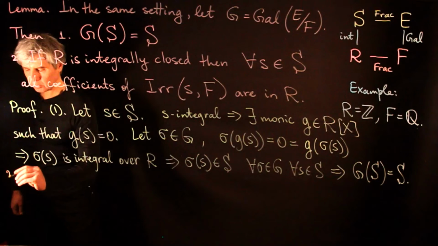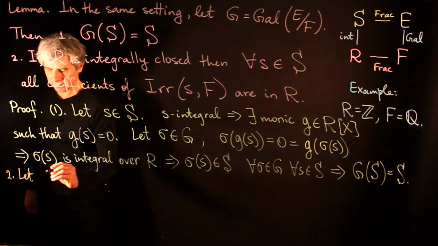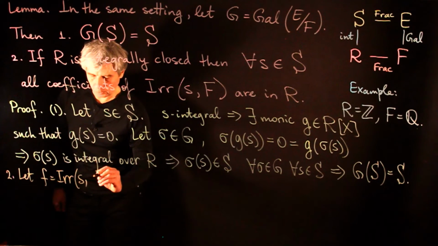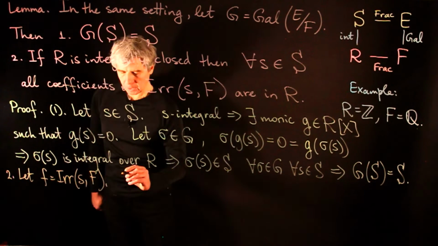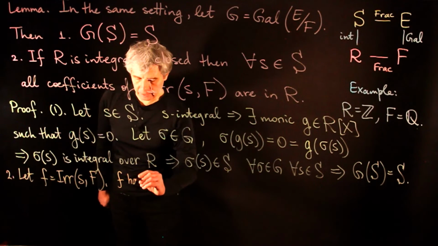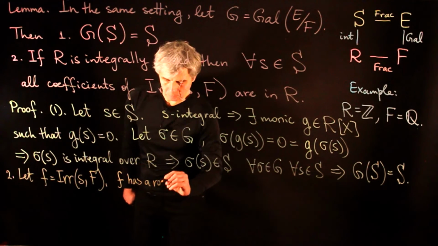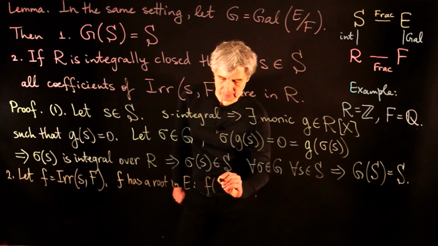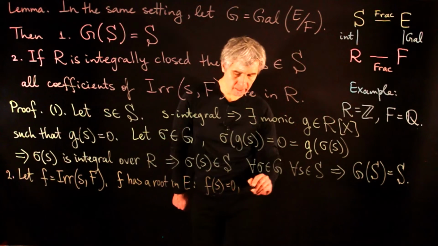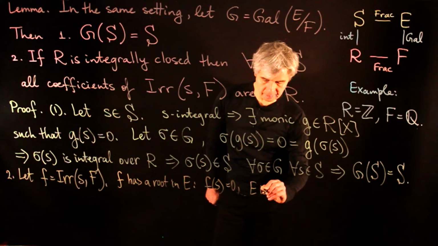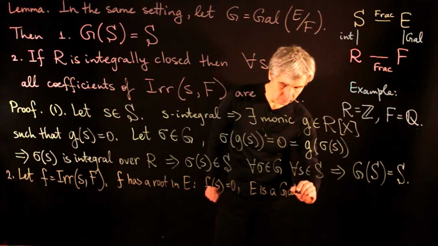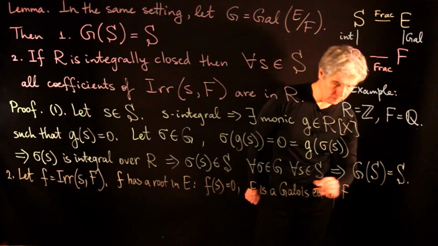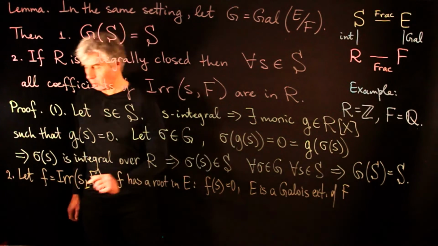Now let us prove part 2. Let f be the minimal polynomial of s over the field F. We have that f has a root in E, because f(s) is equal to 0. And E is a Galois extension, which means that it is normal.